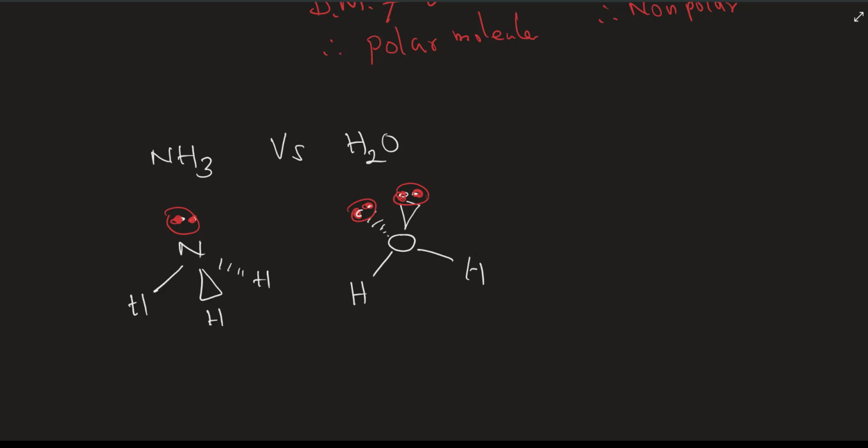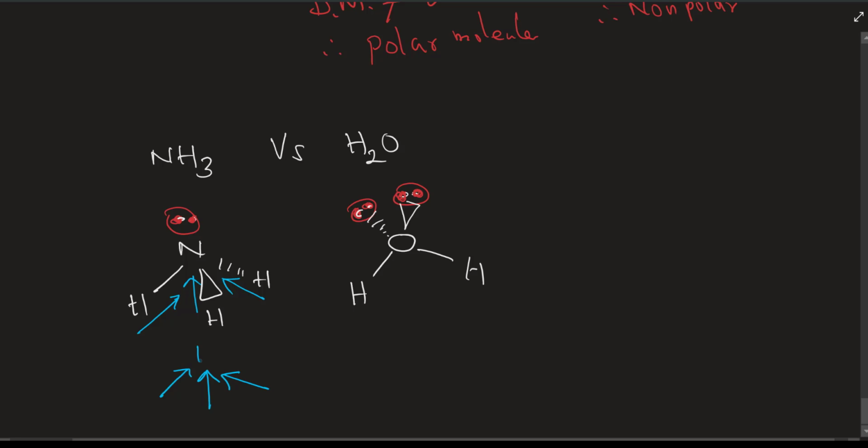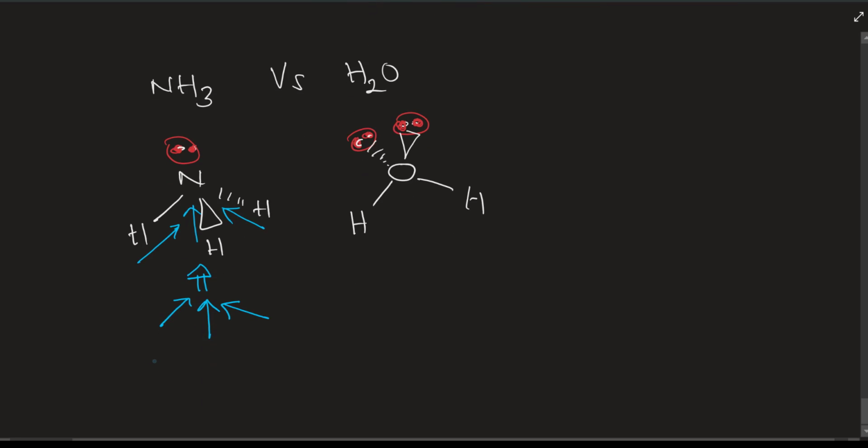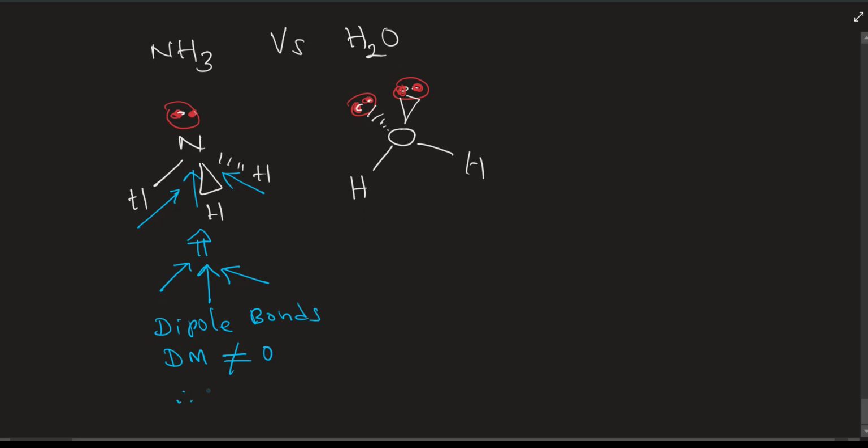You want to think about the lone pairs in these two cases. Why? Because you see the pull from hydrogen towards the nitrogen, and the sum of the vectors pushes upward. So therefore, the bonds are dipole, and the dipole moment is not zero. Therefore, it's polar and it's not symmetric, right?